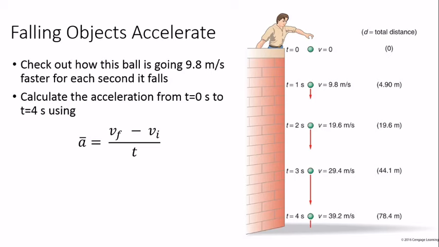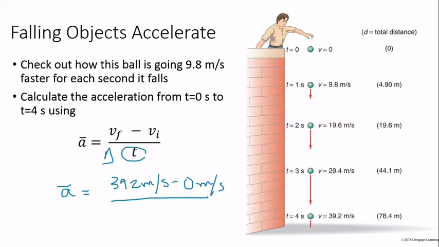I've got my calculator here just for kicks. The average acceleration is equal to the final velocity, which is 39.2 meters per second, minus the initial velocity, which is 0 meters per second, divided by the time interval over which that change occurred, the delta t, and that was 4 seconds.